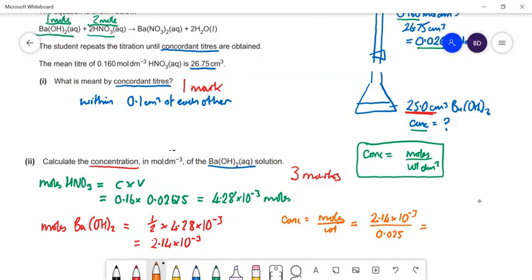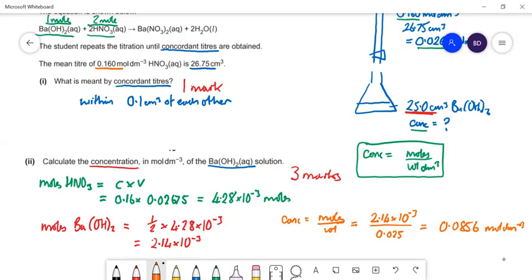That is going to be equal to 0.0856 moles per decimeter cubed. That's to 3 significant figures. We should give it to 3 significant figures because our least accurate piece of data here is 3 sig figs. So that's what we should do.